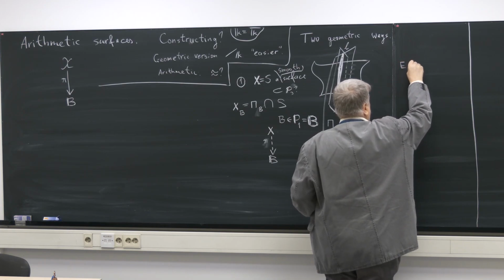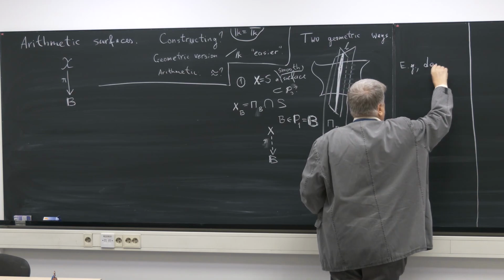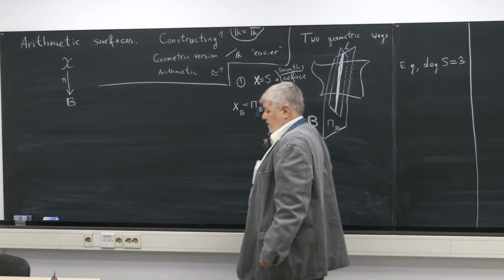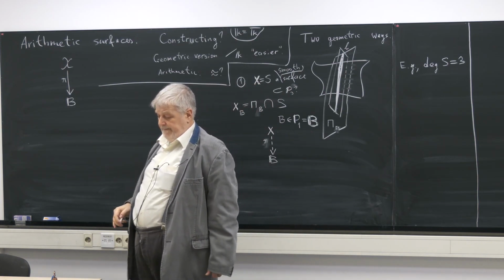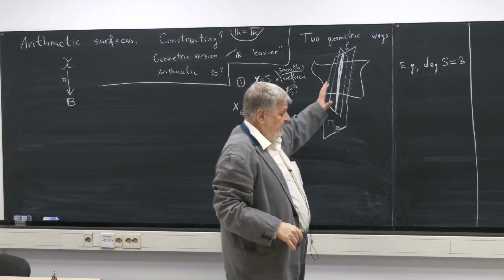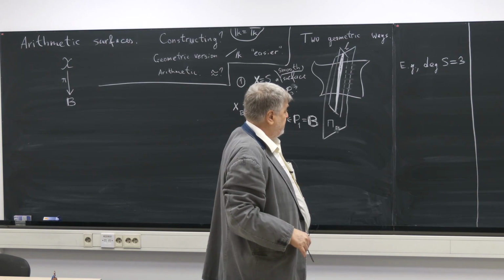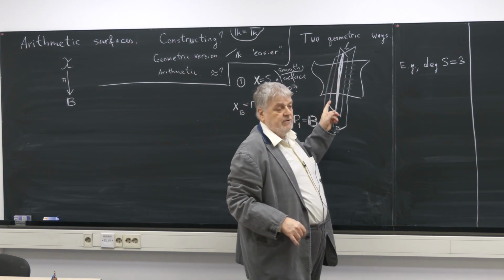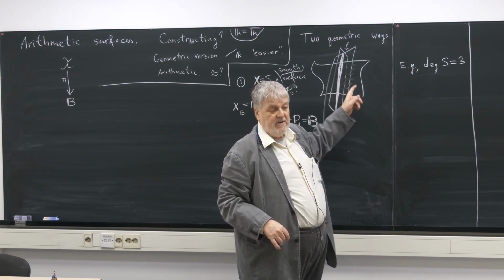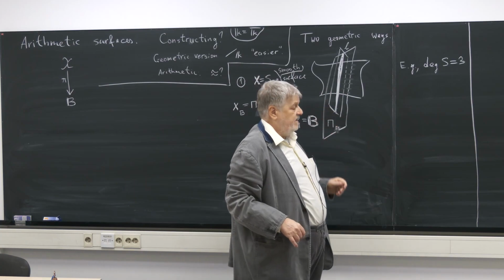For example, the surface can be a cubic surface, and then choosing any line. Perhaps we should be careful not to choose this line as one of the 27 lines lying on the surface completely.